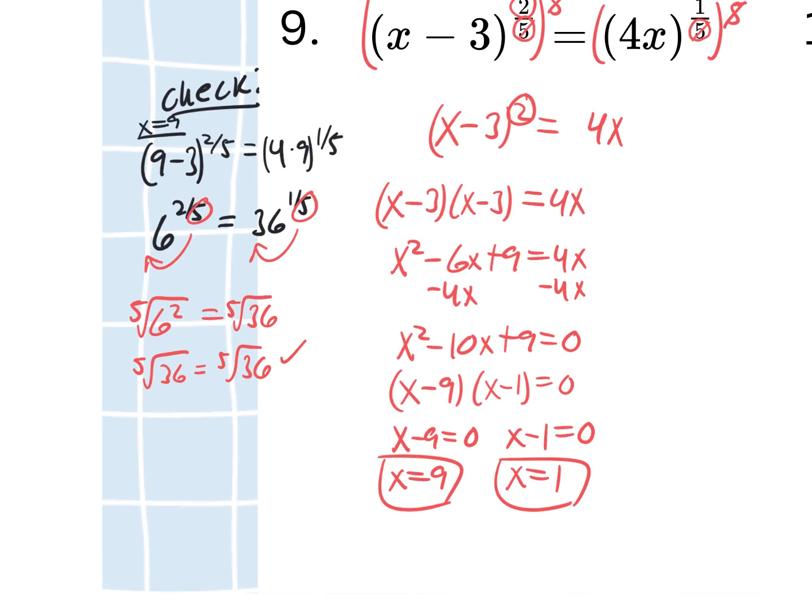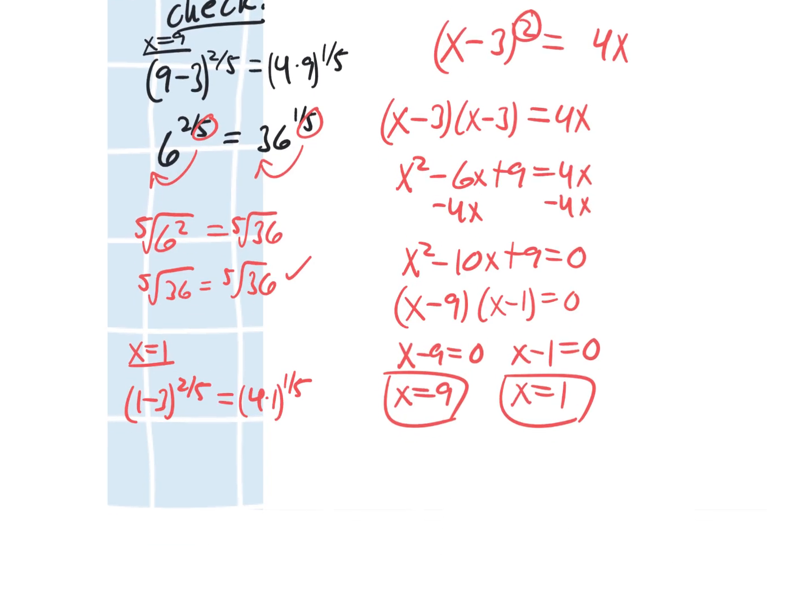And if you do the same thing with 1, we'll see that it's going to work out. So x equals 1. I get 1 minus 3 to the 2/5 equals 4 times 1 to the 1/5. And then again, I can do the same thing, so convert it into any way that you need to.